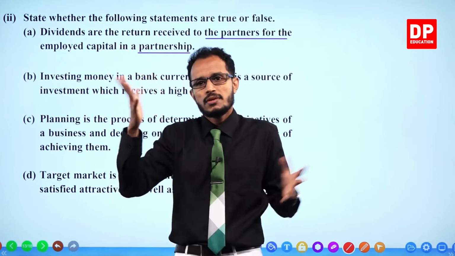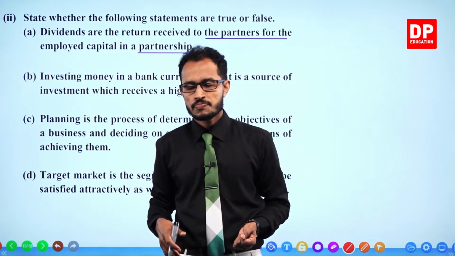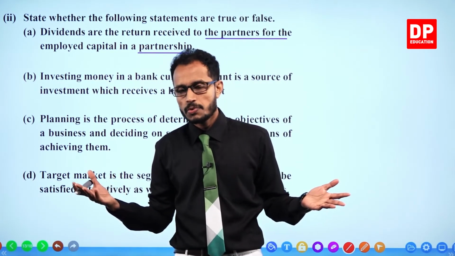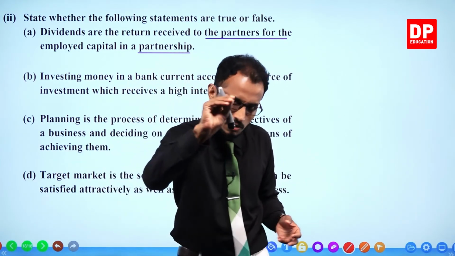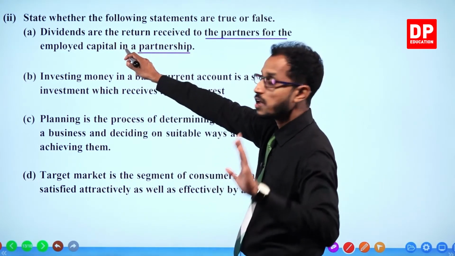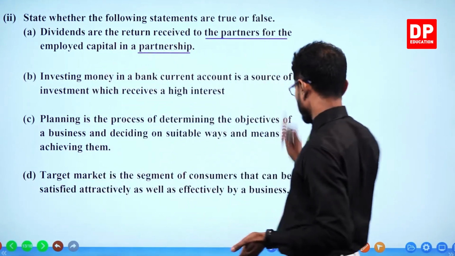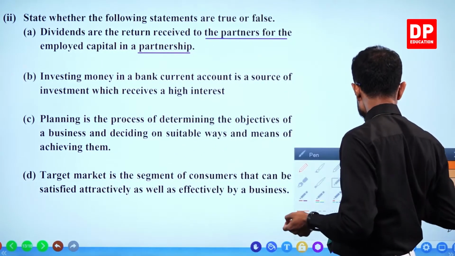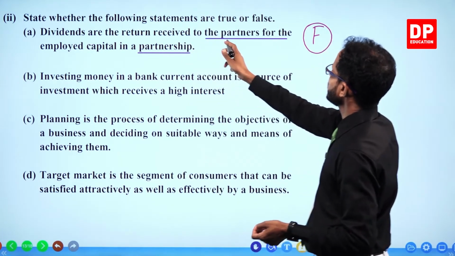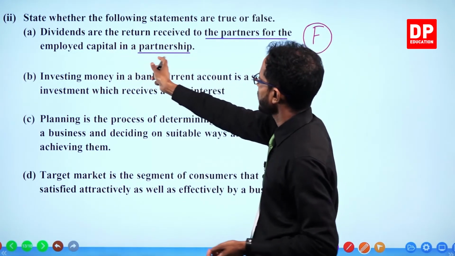Maybe equal, or whatever percentage they are getting. They get a share of the profit. Dividends are paid to shareholders of an incorporated company. So this is false.